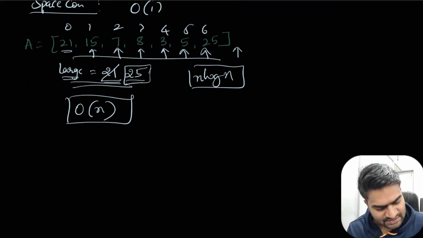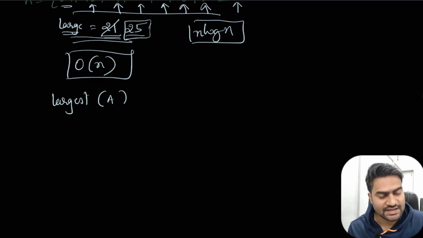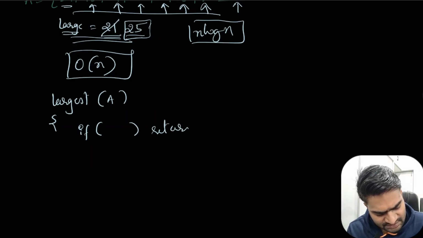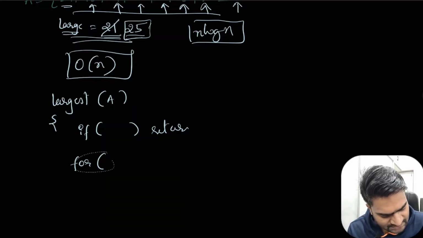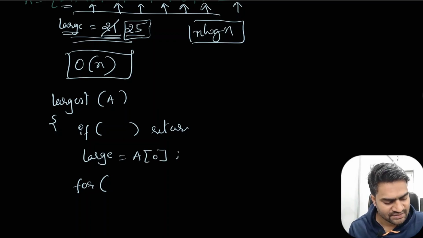Okay. Let's write this in pseudocode. So again, largest will take array A as input, then it will do the checking and return null, same as above. Then after that, I will take a variable large and assign my first value in the array to variable large.